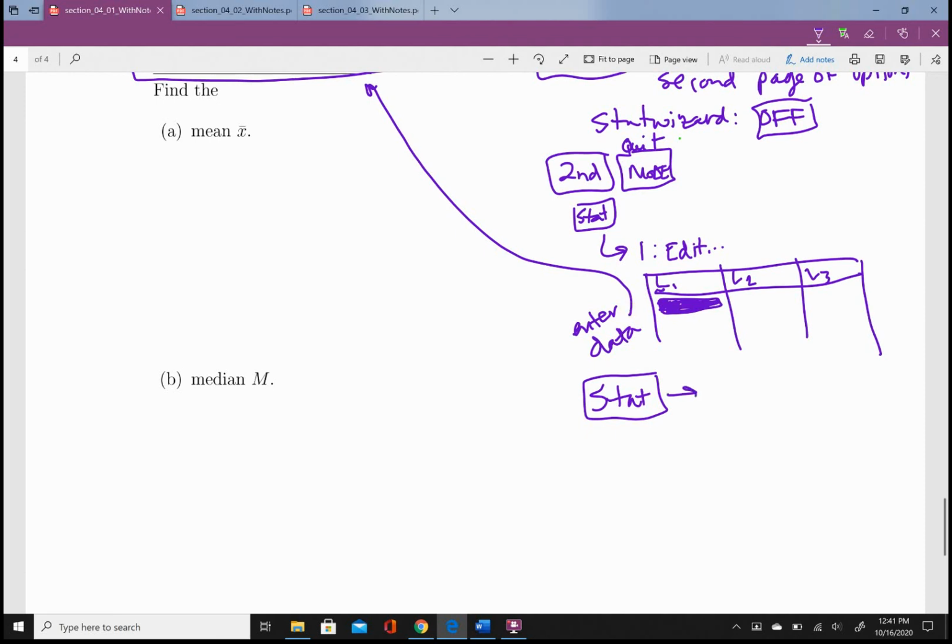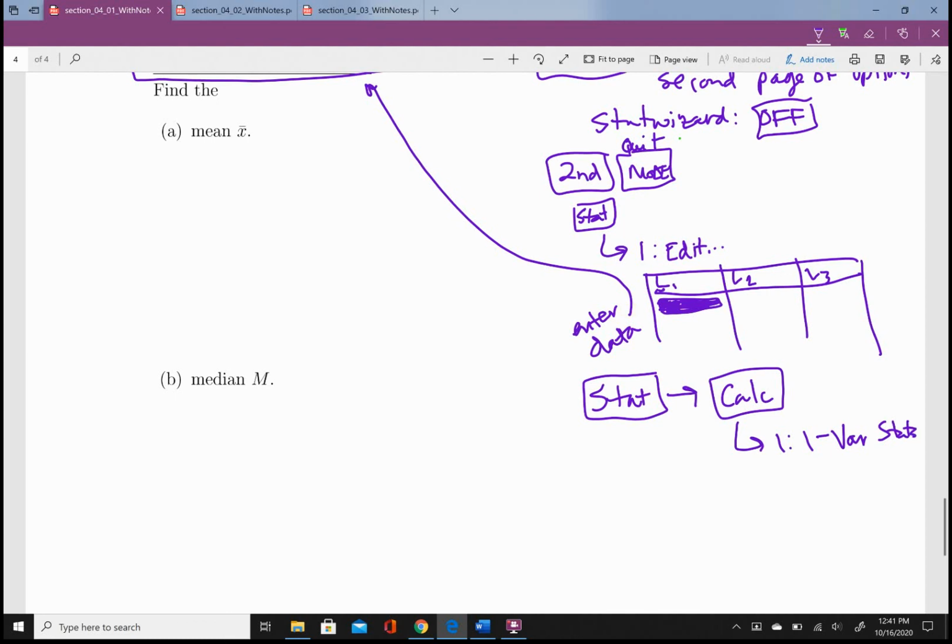So move to calc, which is a heading, and from there you want to go for the first thing written, which is one variable statistics, 1-Var Stats, and you press enter there.